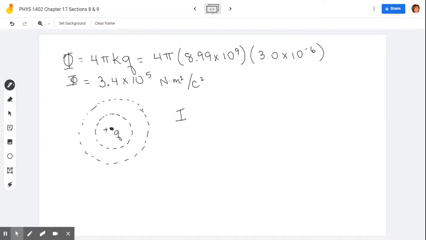Remember, flux is equal to E times A. And of course, if we pick a larger surface, A is increasing, but E is actually decreasing. You sometimes also see this relationship as the electric field is the flux divided by the area. The total amount of flux, however, is staying constant in that example.